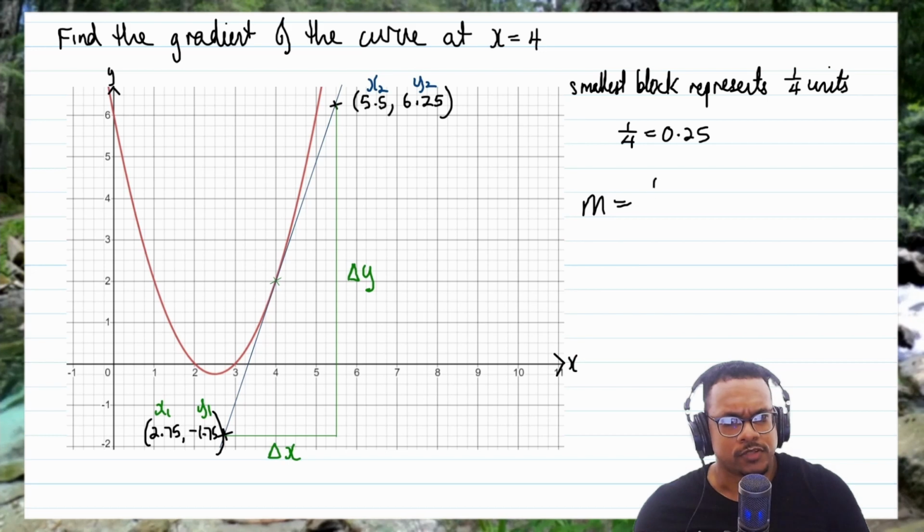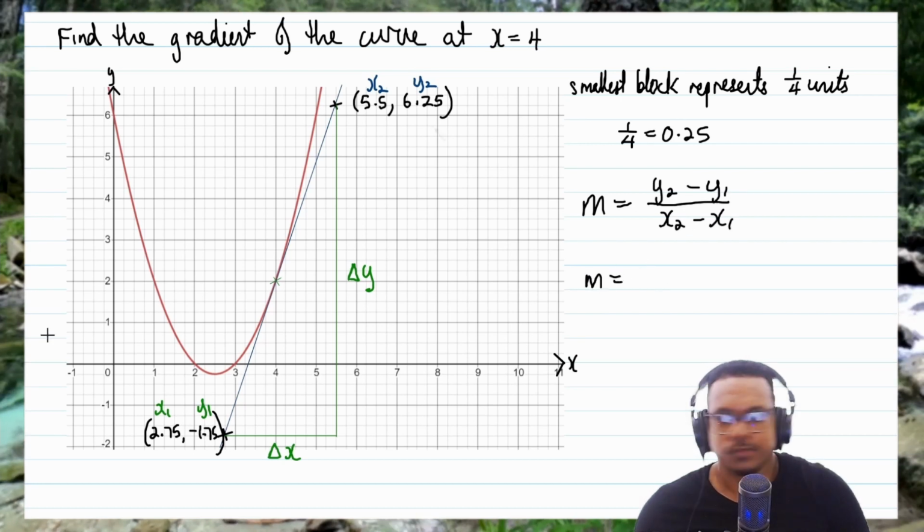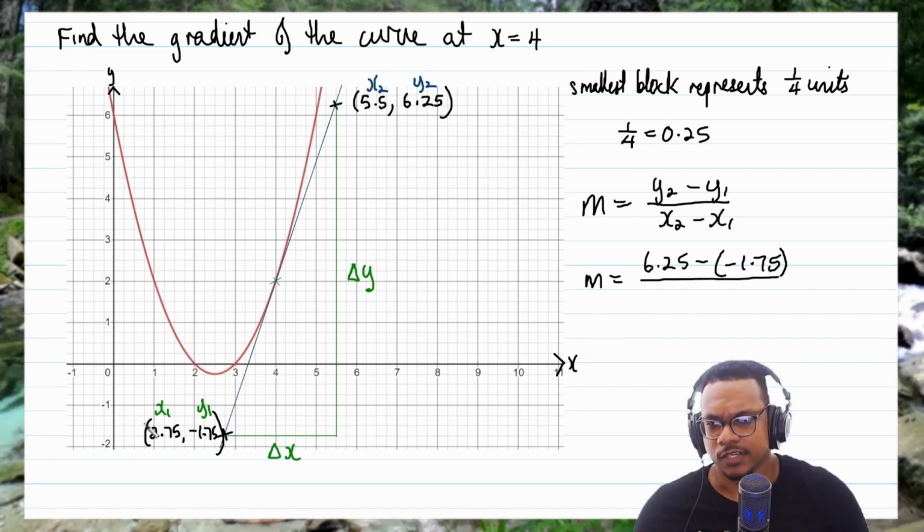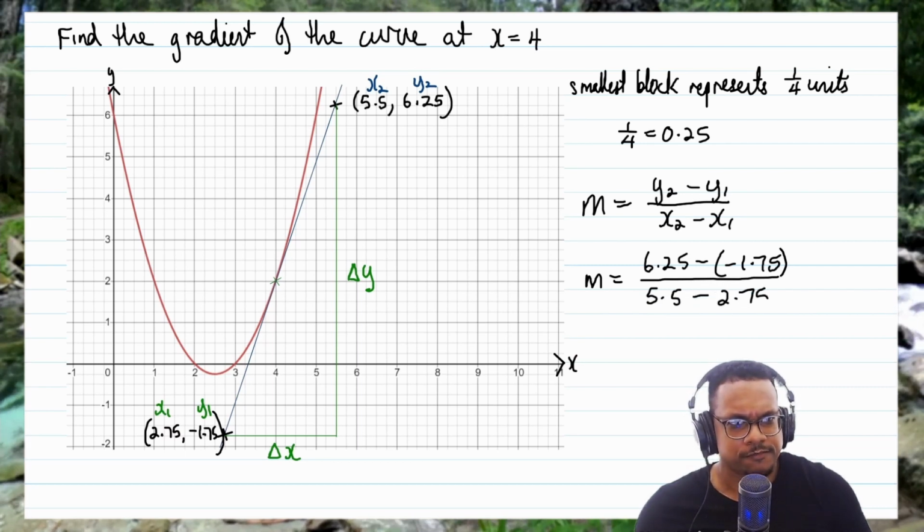So I have my x2, y2, and I have my x1 and y1. So my gradient will be equal to y2 take away y1, divided by x2 take away x1. So gradient is equal to y2 is 6.25, take away y1, which is -1.75. So I'll have 6.25 take away -1.75 divided by x2 take away x1. So that'll be 5.5 take away 2.75.